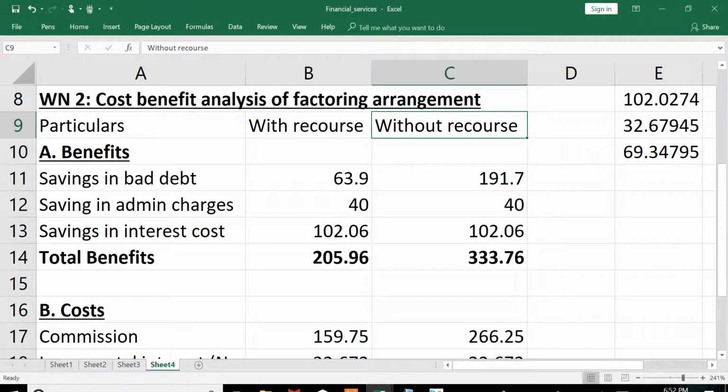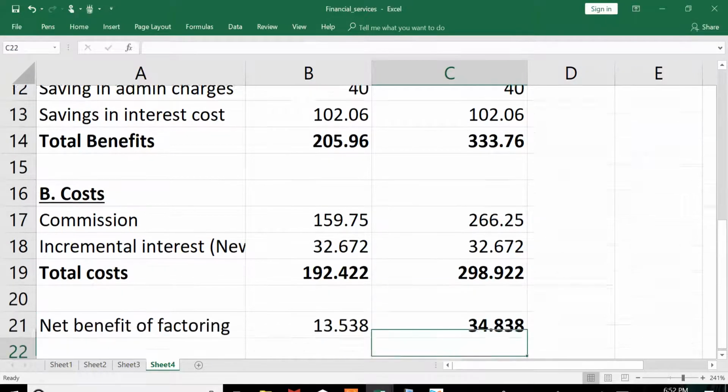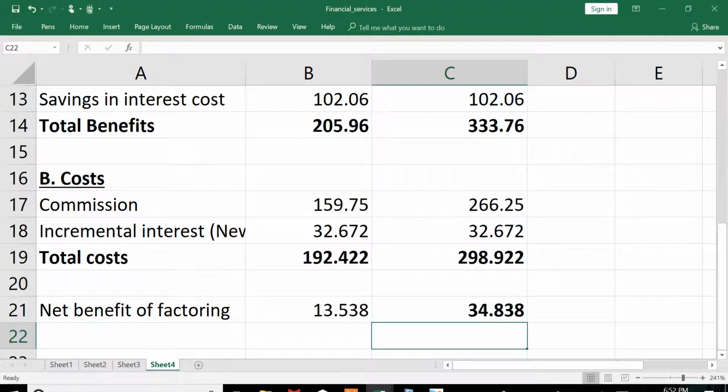So I'll go ahead with an arrangement which is called without recourse. I'm okay to pay an extra commission and go for an arrangement which is without recourse. We'll save 34,838. An arrangement which is without recourse.